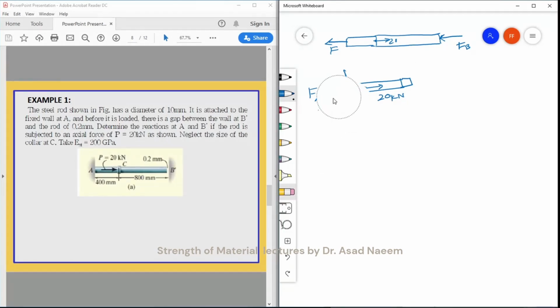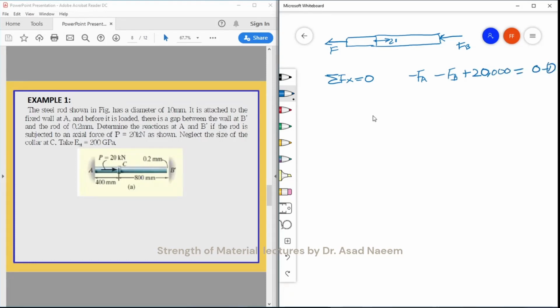But now we have the problem in which we have a restrained body. So for this we can calculate ΣFx equal to 0: minus FA minus FB plus 20 kilonewtons, or we can convert it into Newton simply, is equal to 0.